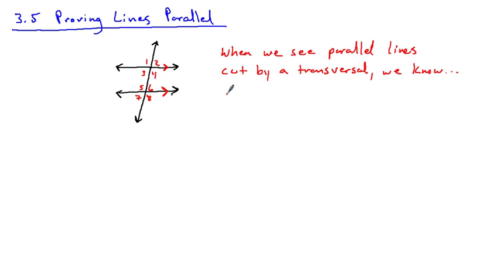We know corresponding angles are congruent. We know alternate interior angles are congruent. We know alternate exterior angles are also congruent.